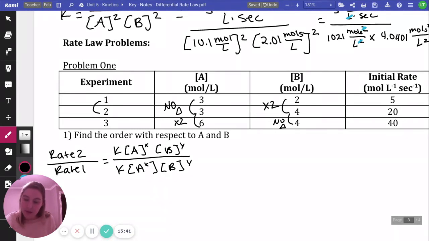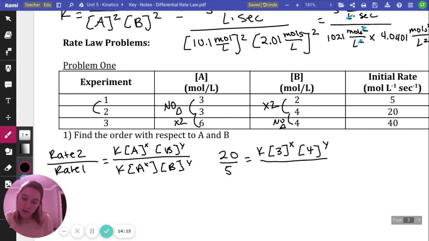You'll see this one is much easier to solve because we don't have to make any guesstimates. So I'm going to plug in my values. My rate for my second experiment is 20, and my rate for my first experiment is 5. So I end up with K times, in my second experiment, A is 3 to the X, and B is 4 to the Y.